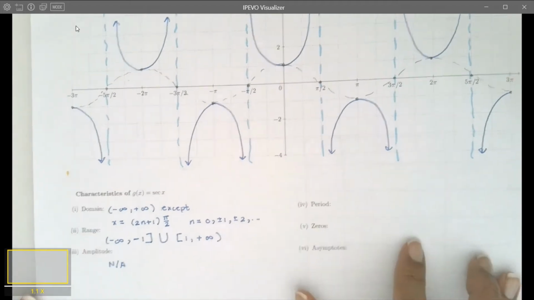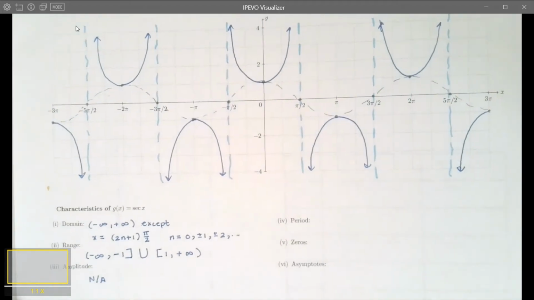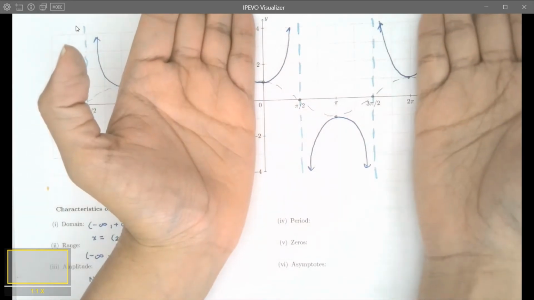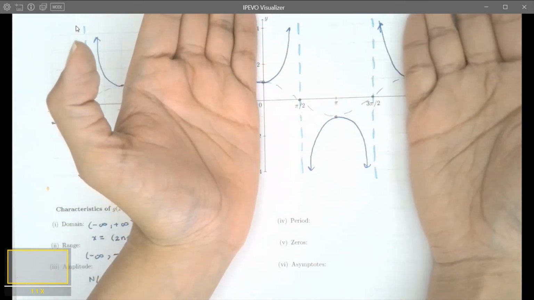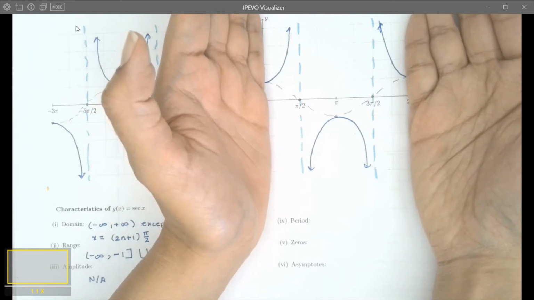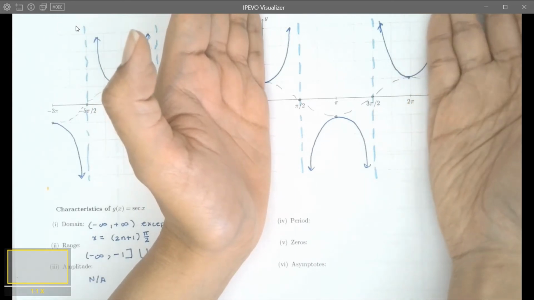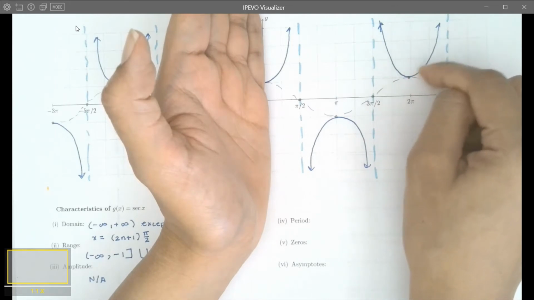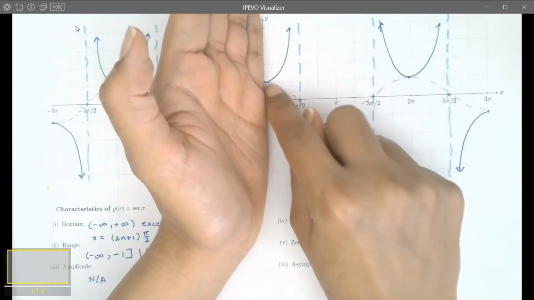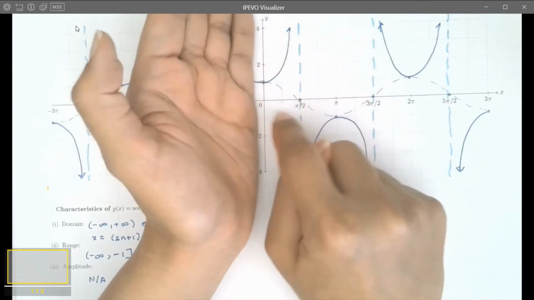For the period, we want to see where the graph repeats. Think about it just between 0 and 2 pi. That was the original cycle that was given to us, where we see a unique part of the graph. And if you consider this half of the parabola that comes after 2 pi, it corresponds to this half of the parabola that comes after 0.